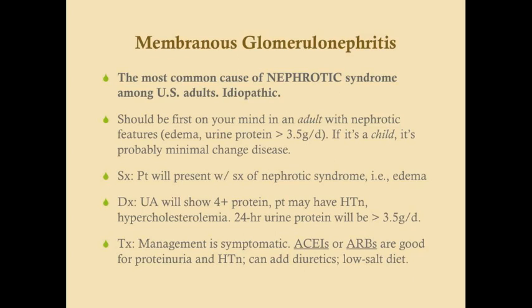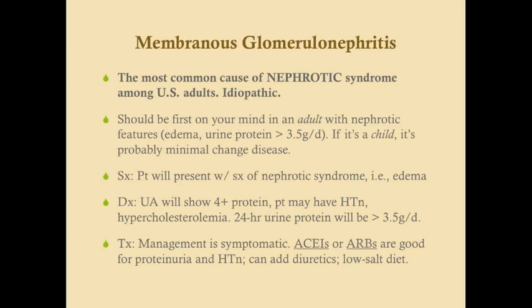Membranous glomerulonephritis is the most common cause of nephrotic syndrome among U.S. adults, and it is generally idiopathic. So when you have an adult come in with blunt symptoms of nephrotic syndrome, so they have the edema, they have hyperlipidemia, their legs are puffy, their face is puffy, you're going to want to think, okay, this is nephrotic syndrome.